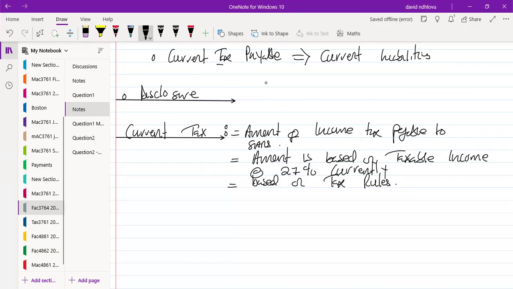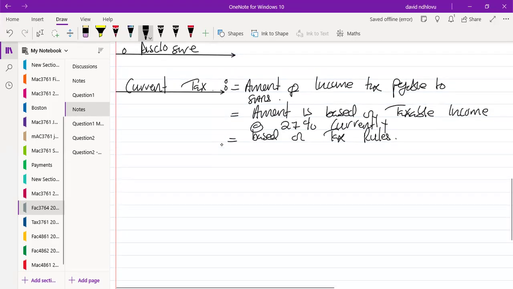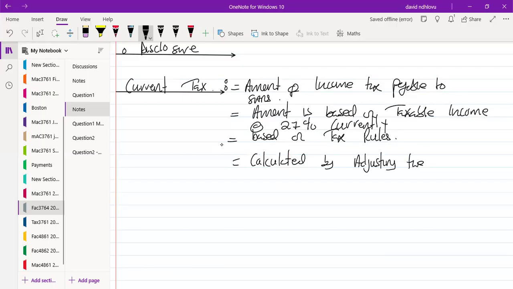So this here is what we call the current tax amount. An important calculation with regard to this is calculated by adjusting the profit before tax.